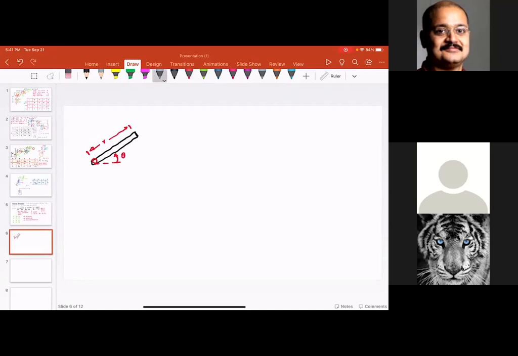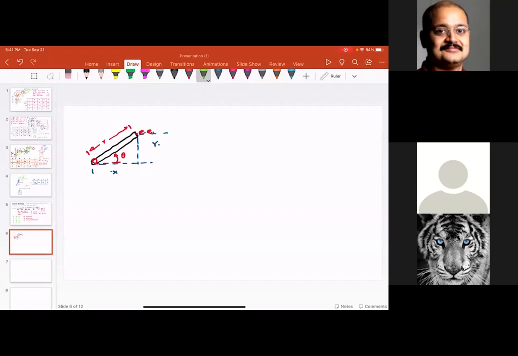So in the case of this particular robot, this guy here is my end effector, and I can specify x and y position of this end effector, and looking at the geometry of this triangle, I should be able to find out the value of theta. You say this problem is very simple.